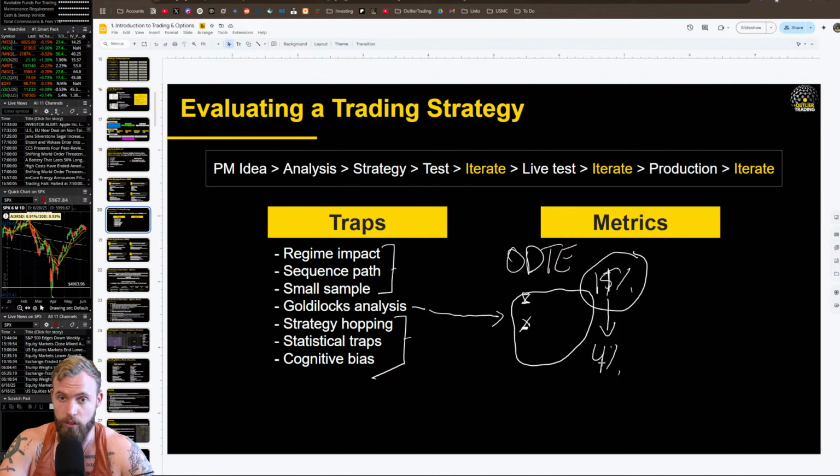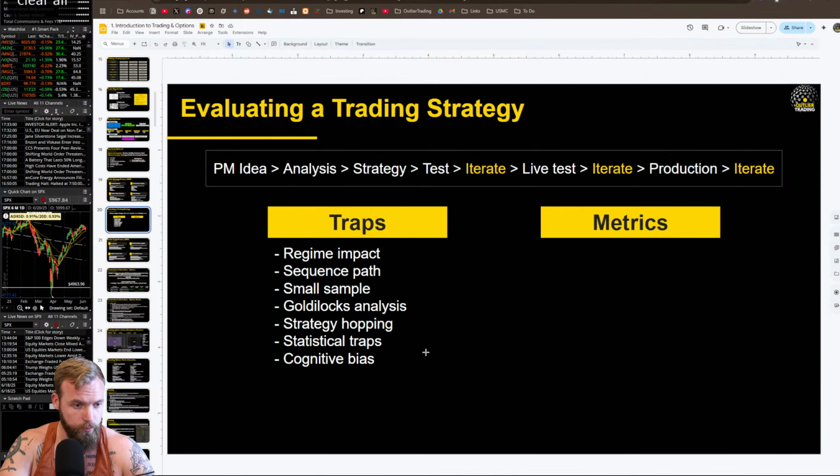And this is partly why we have to have a robust process when we're evaluating things. Strategy hopping, we already talked about. Statistical traps, there's a million of them. All of these are basic statistical traps. It goes super deep. One of the absolute most common statistical traps that I see with options traders, bar none.